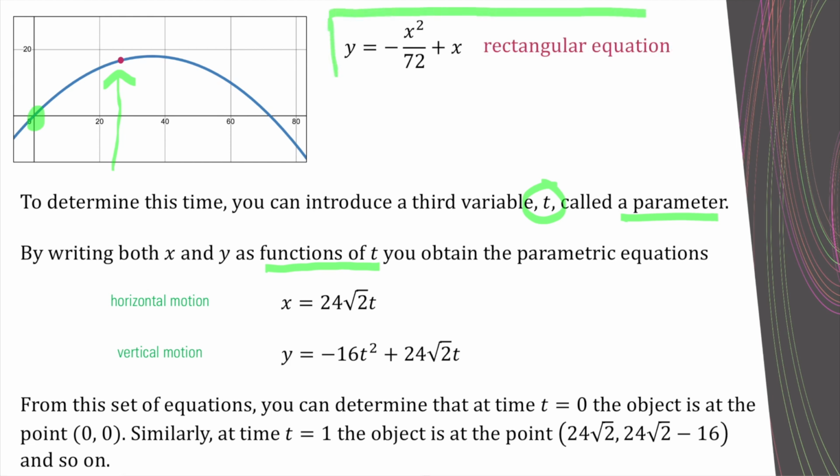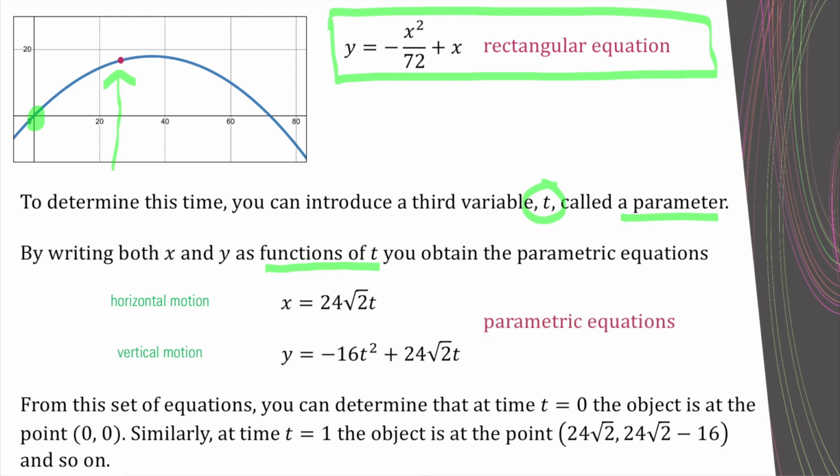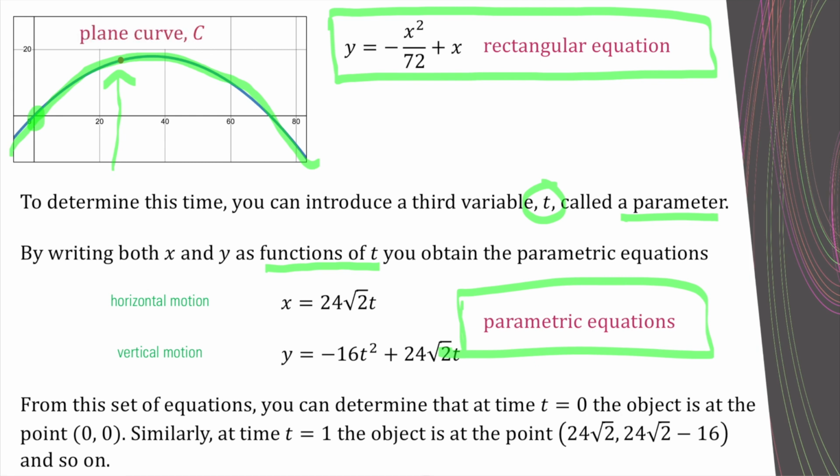This original equation that we started with, that you're used to working with, is a rectangular equation. And then when we split it and add the parameter, those are called parametric equations. When we're working with parametric equations, this curve that's been created, we call the plane curve C.